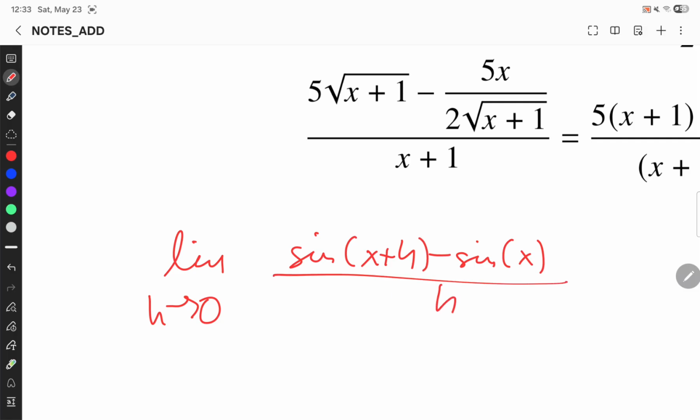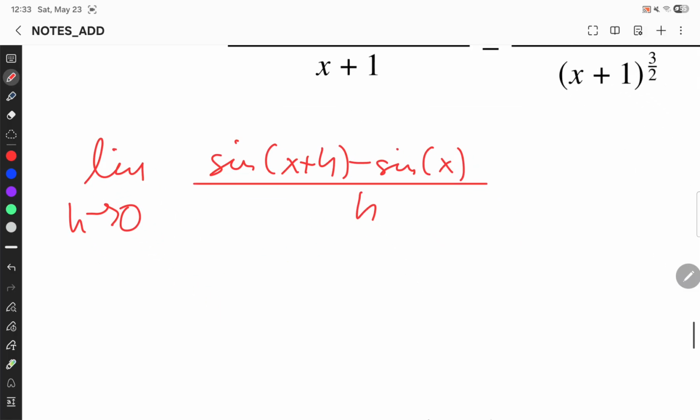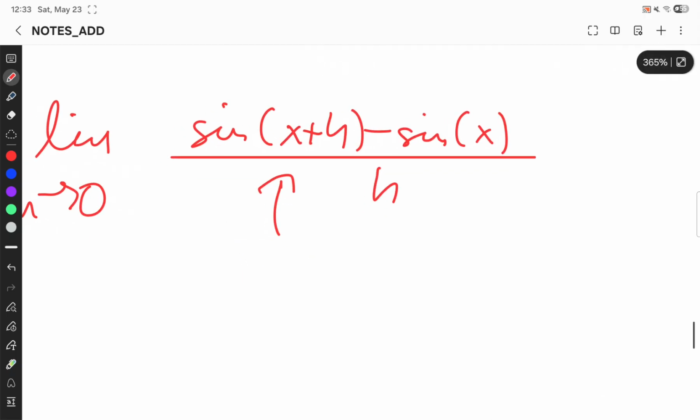What do we get? Well, let's see what we can fix. This looks compelling, like we should do something with this. Indeed we can.